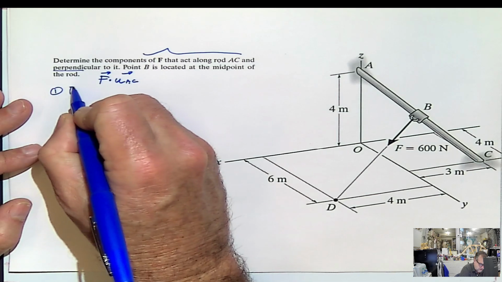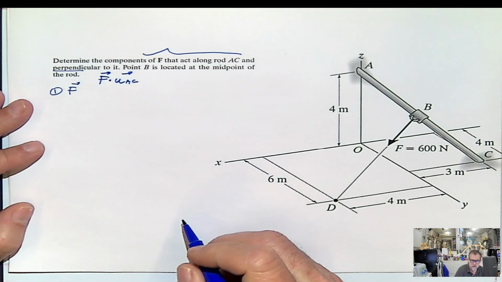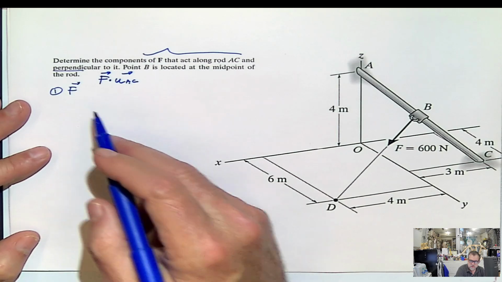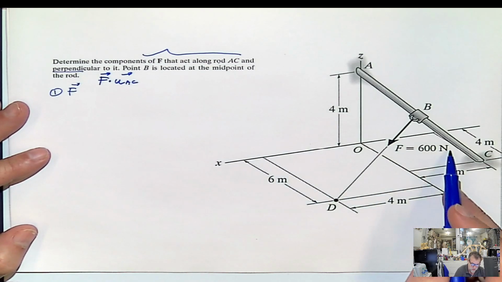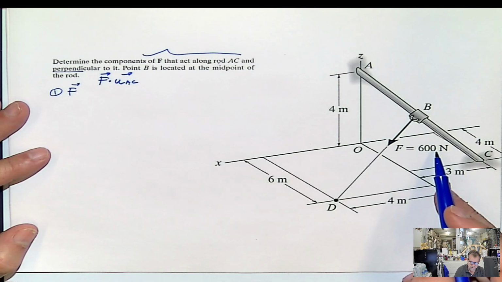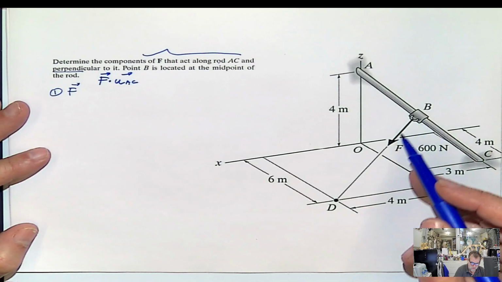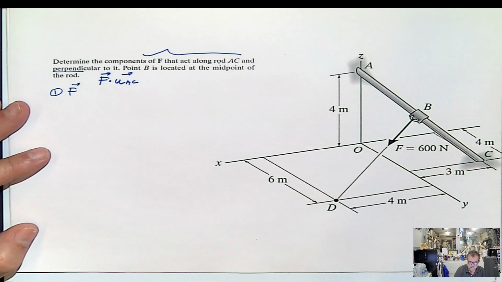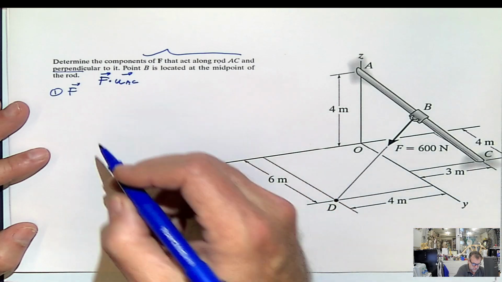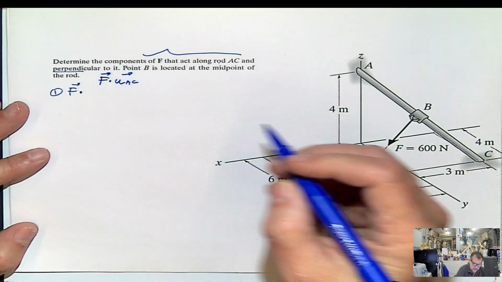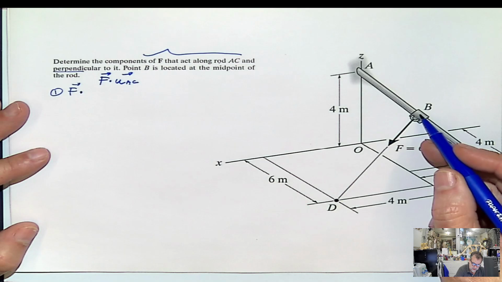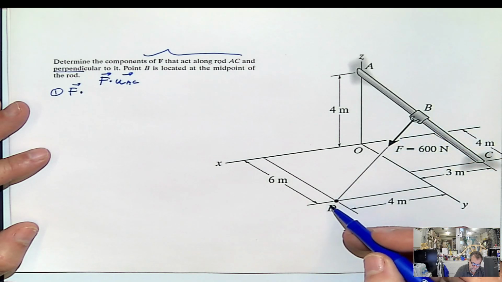First, find the force. That's the first thing. How can we find the force in this particular problem? Well, we have the magnitude of the force, and we have coordinates here, or the possibility of getting coordinates. Because if I can get the coordinates, I can get this and multiply that by the unit vector BD.